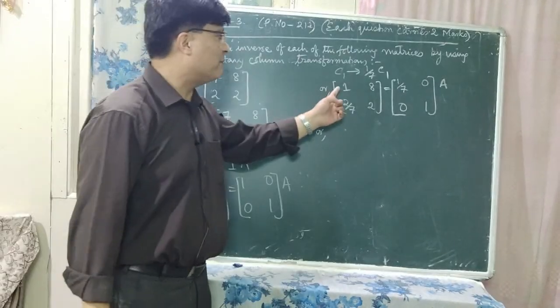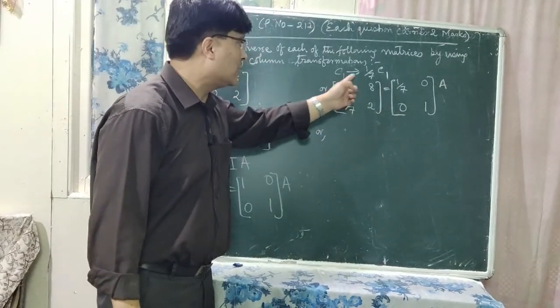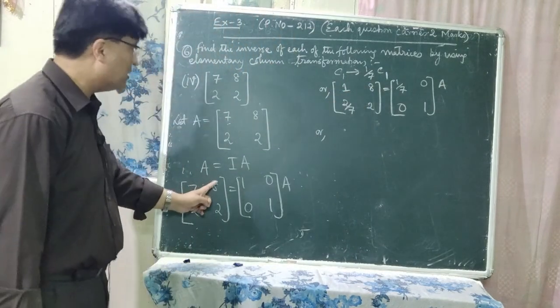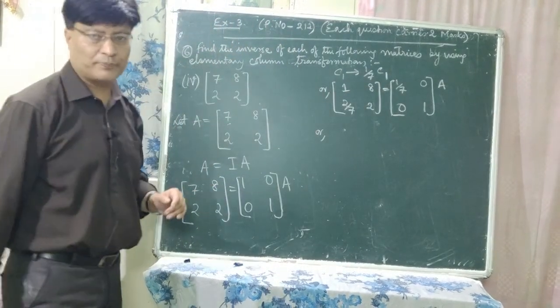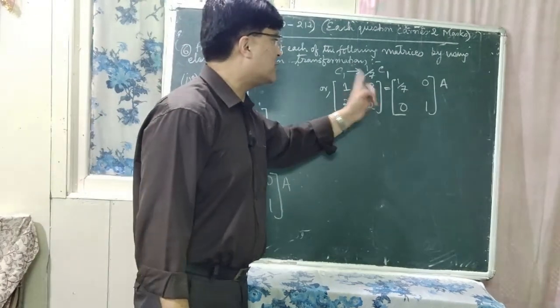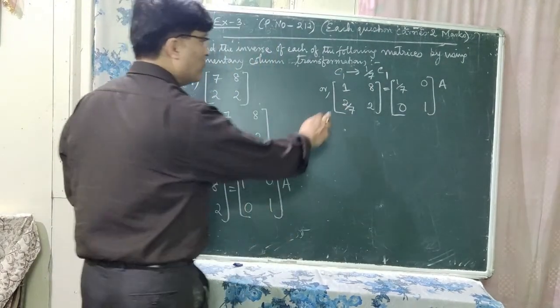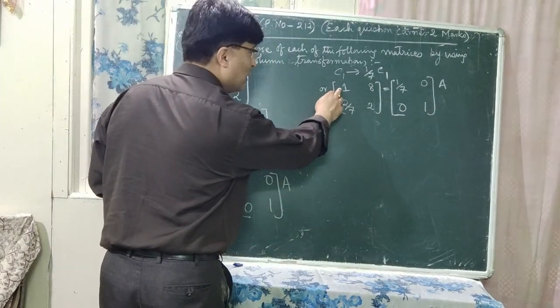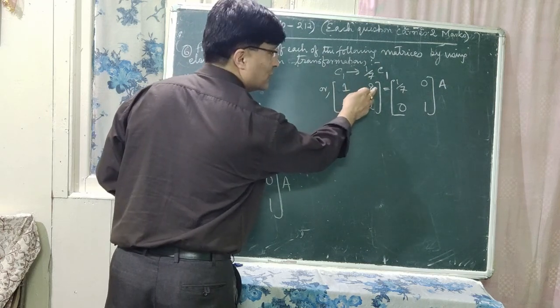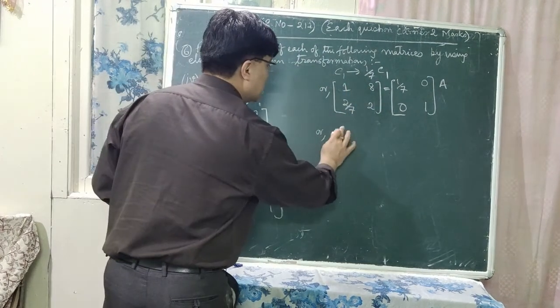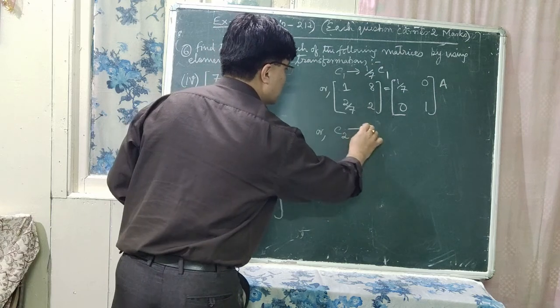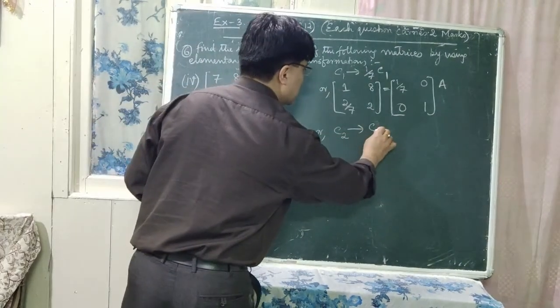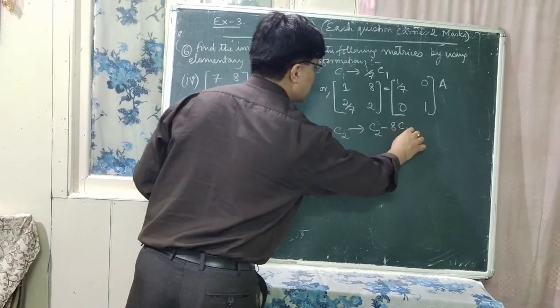Now since we have made this element as 1, now you should make it 0. You should make this 8 zero now. So how can you make this 8 zero? If you multiply this 1 by 8 and subtract it from column 2, then this will be 0, isn't it? That means C2 is changing. So how does it change? It is C2 minus 8 C1.